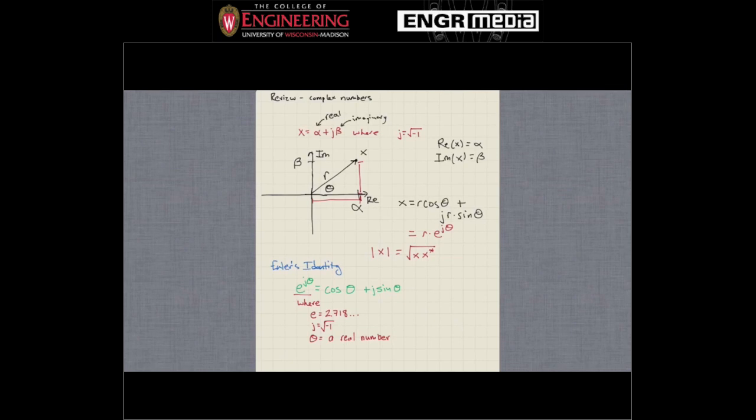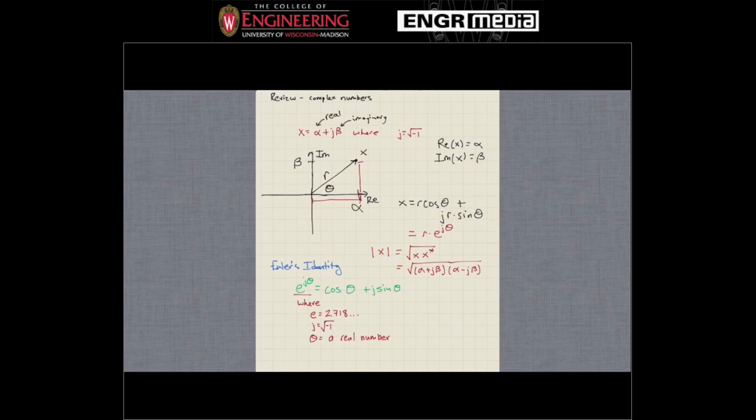Okay, so we could write that as the square root of alpha plus j beta, and now taking the conjugate, alpha minus j beta. Okay?